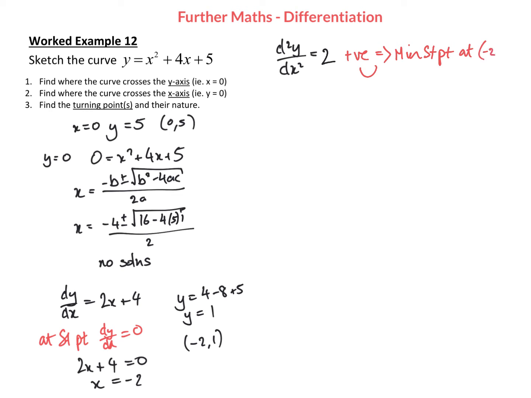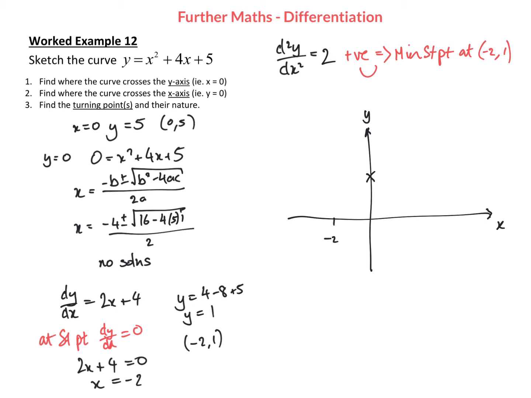So again, our quick sketch, very quick, and again, make sure you use a ruler if you have access to it. I know it crosses the y-axis at 0, 5. I know the minimum turning point is at minus 2, 1.